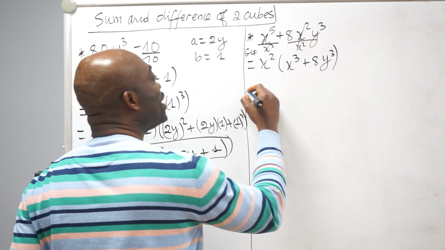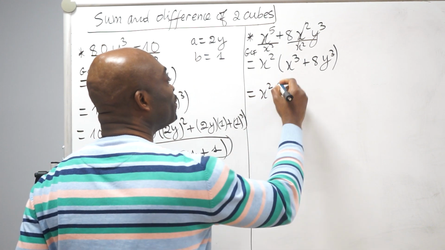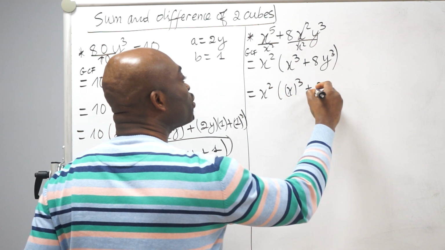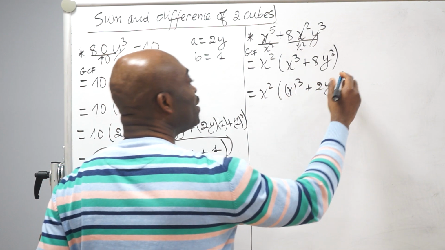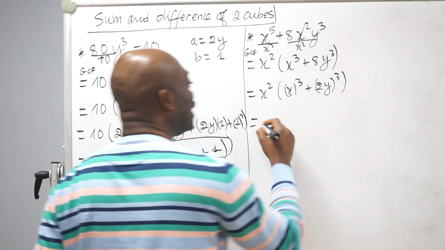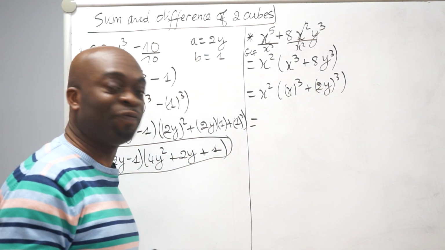All right, so let's go for it. This is x squared times x to the third power plus (2y) to the third power, and then we can break it down with the formula.